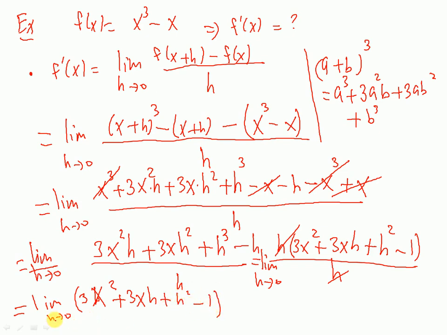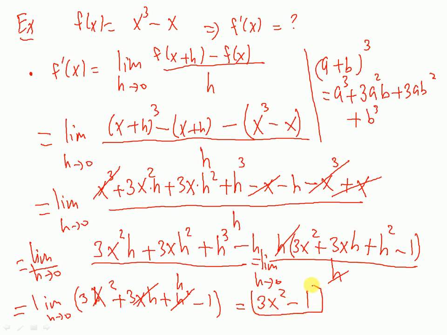Now when h goes to 0, that means we are plugging in h equals 0 to this whole expression. So when h equals 0, this term is gone. This term is gone, right? We already have these two left, which is 3x squared minus 1.